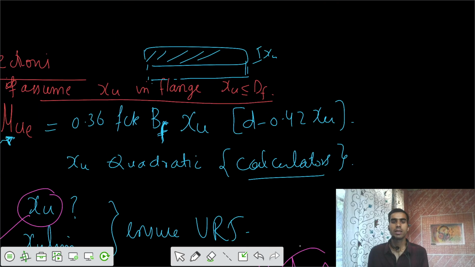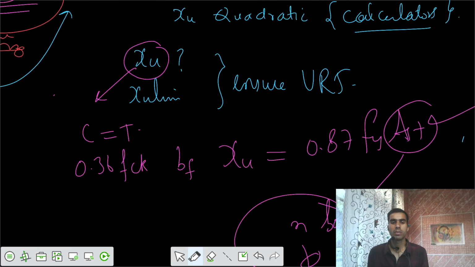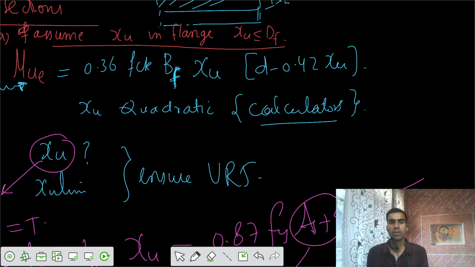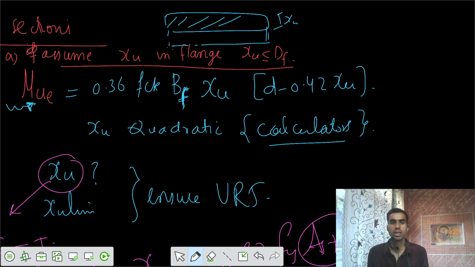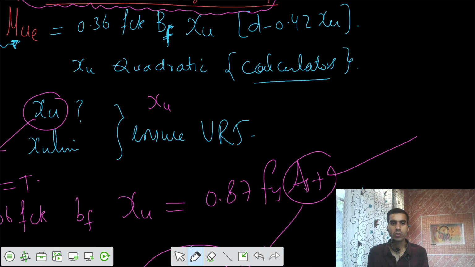Let's take the second case. You assumed that XU is in the flange. Once you check, let's say you got XU as 50 millimeters and DF was 100 millimeters.